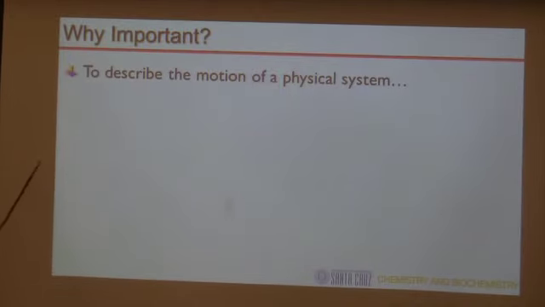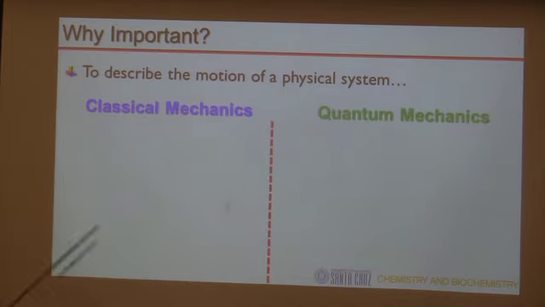Okay. So when we talk about the importance of the Schrödinger equation, we address this problem: how can we describe the motion of a physical system in different situations? In classical mechanics and in quantum mechanics, we use different sets of theories to describe motion. So in classical mechanics, what do we use to describe the motion?